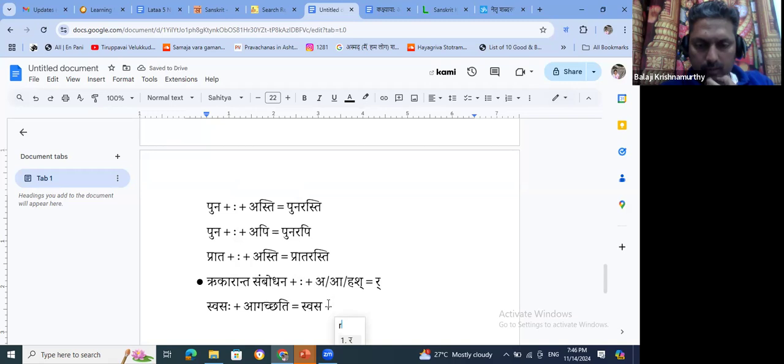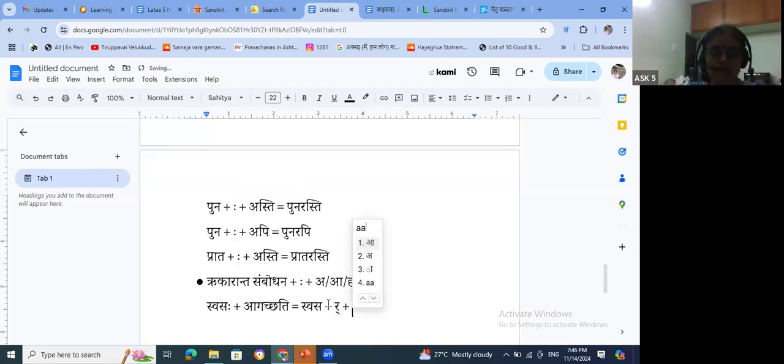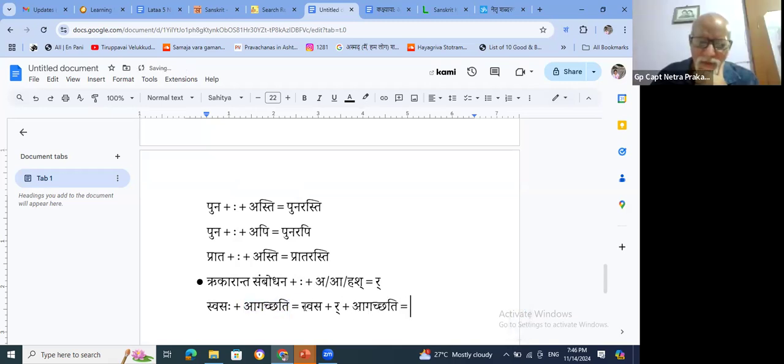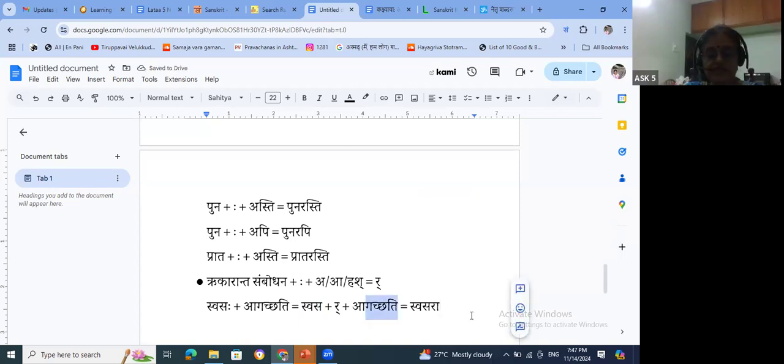Swasaragachati. Swasara Gachati. Will it be Swasara Gachati or Swasar Agachati? Because there is Swasara, no sandhi the second time, only when Lopaha happens. Otherwise it is there. So Swasara Gachati.